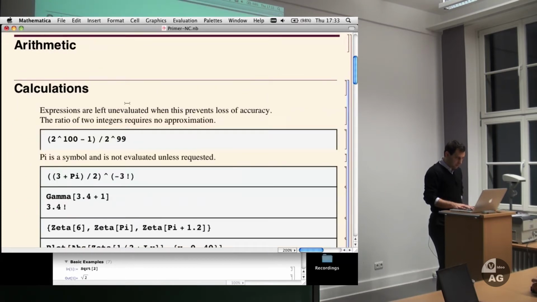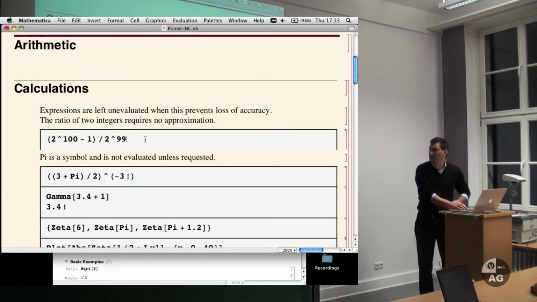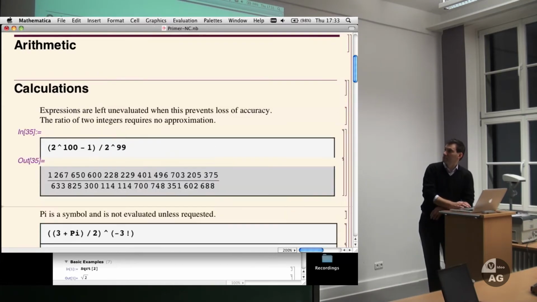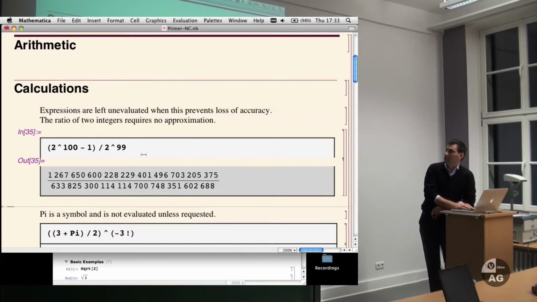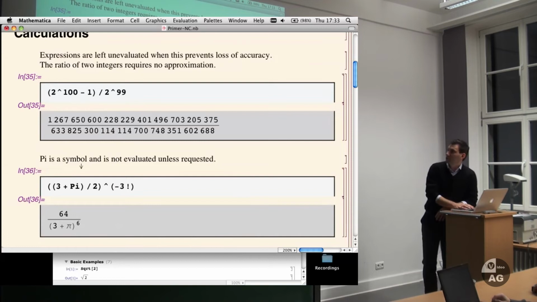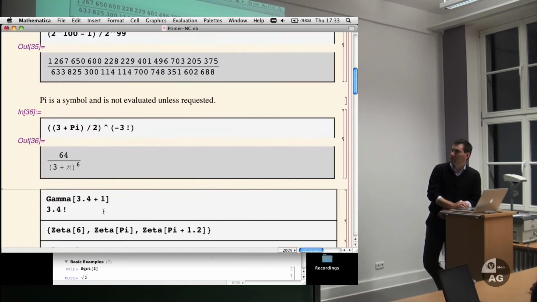Okay, let's do some calculations. So now we start with an exact number. It's the ratio between 2 long integers. Over here is the ratio between an integer and some symbolic expression.